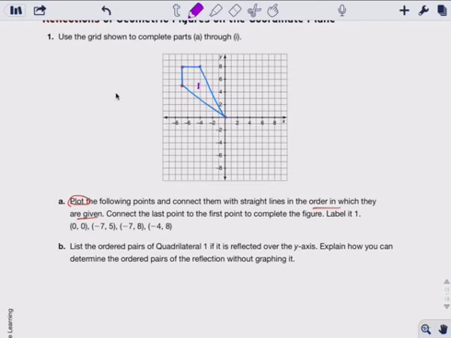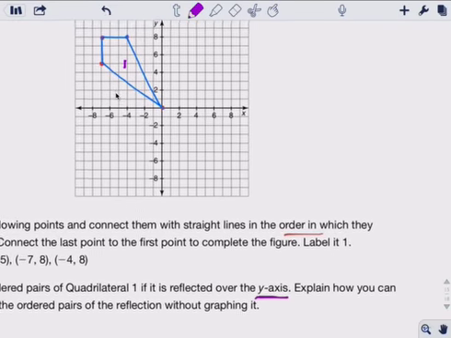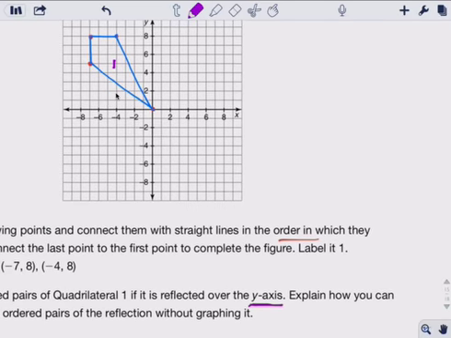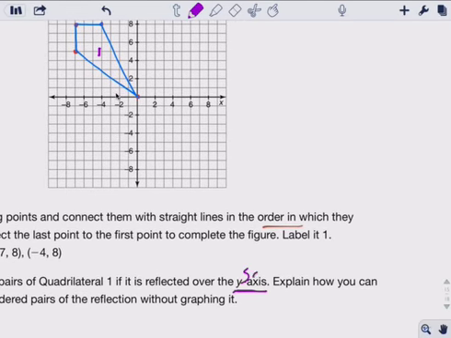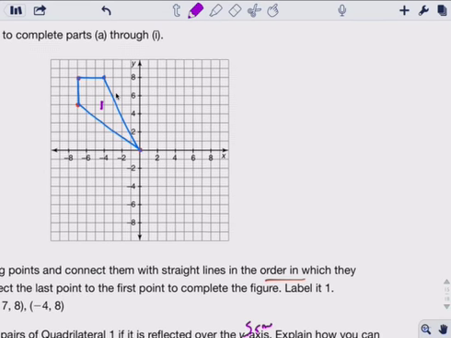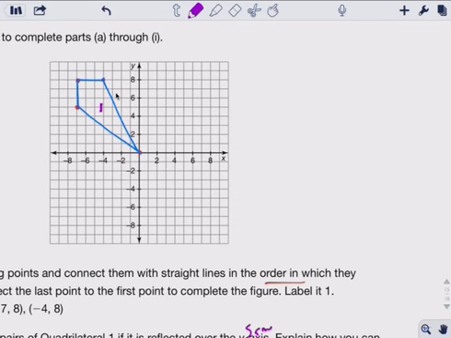Alright, list the ordered pair in quadrant 1. List the ordered pair of quadrilateral 1 if it reflects over the y-axis. Okay, if it reflects over the y-axis, the y stays the same, and x changes.